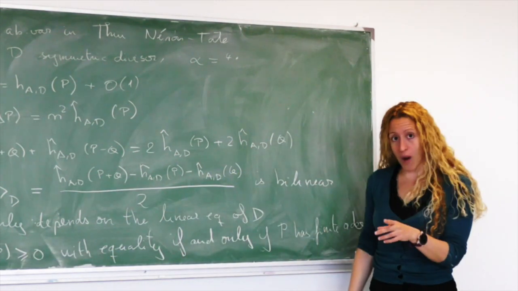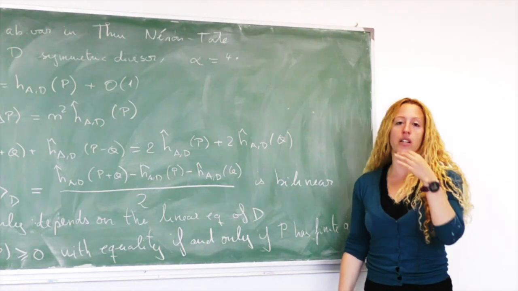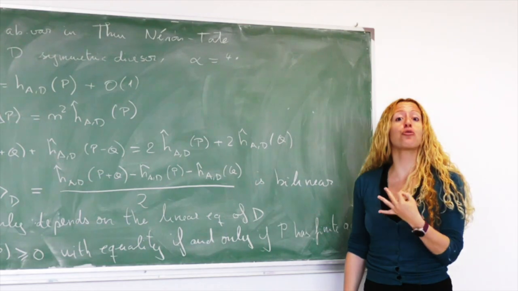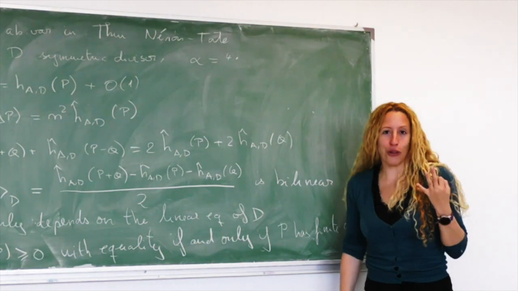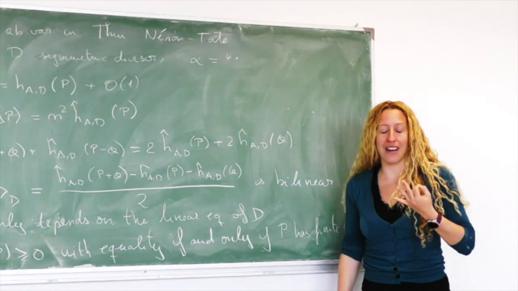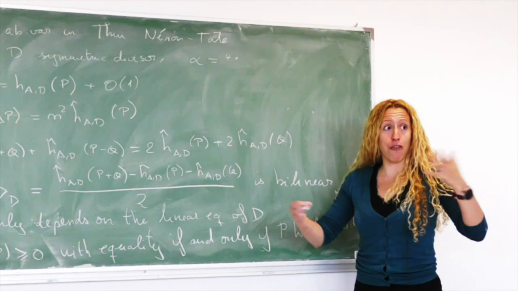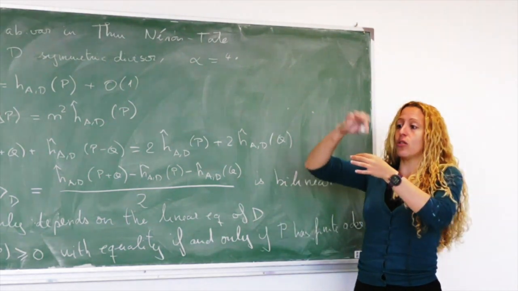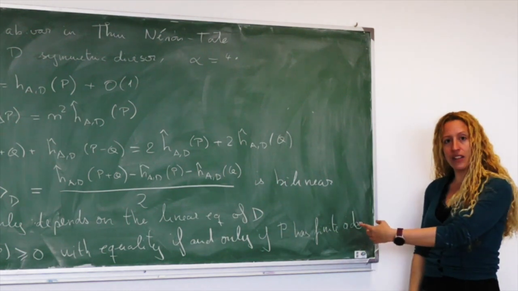And we had equality if and only if, and we proved it, the coordinates were 0 or a root of unity. But what is a root of unity? It is an algebraic number of finite order. So this number at some power is equal to 1. This is exactly the same thing that we get here.